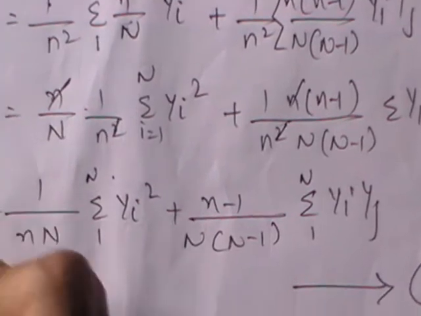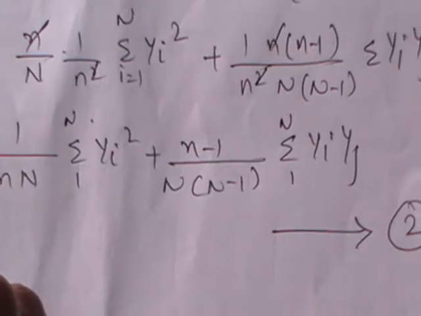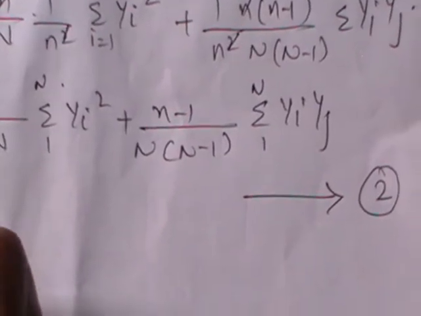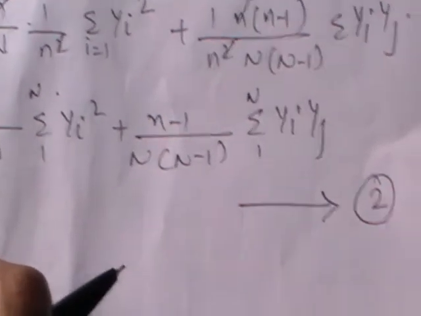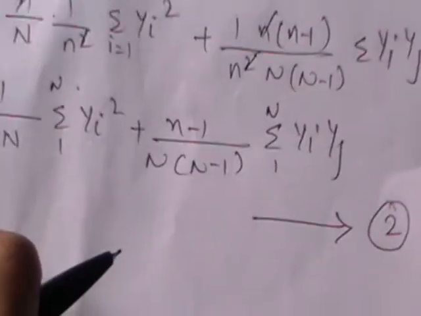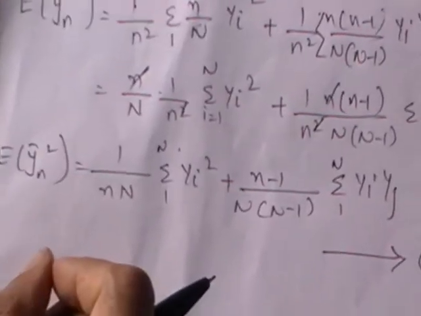So what is equation number 1? Variance of y bar n is equal to E of y bar n square minus capital Y bar N square. We have obtained the first part of equation 1. But what you actually need to prove is variance of y bar n equals (N minus n) by N into S square by n. The right-hand side of the given statement consists of capital N, small n and capital S square.